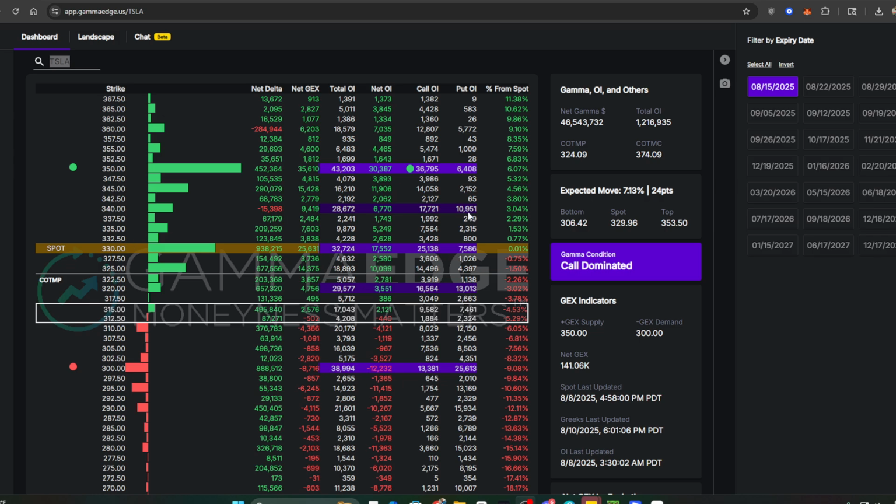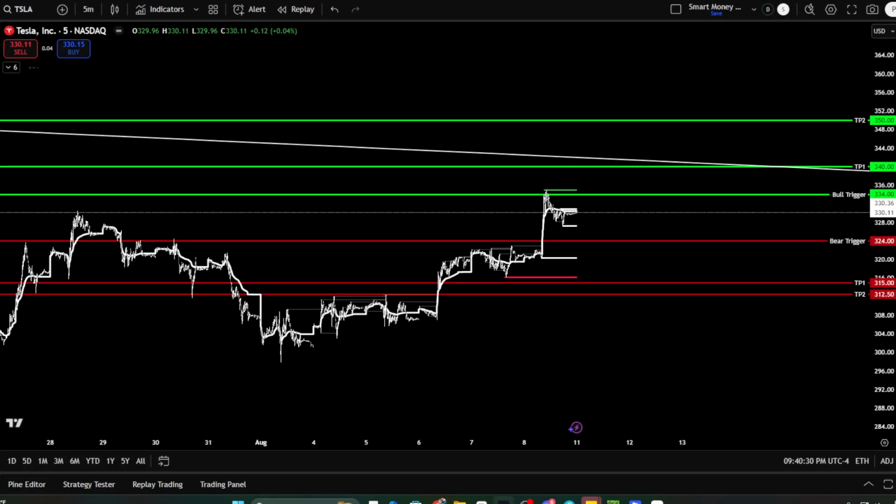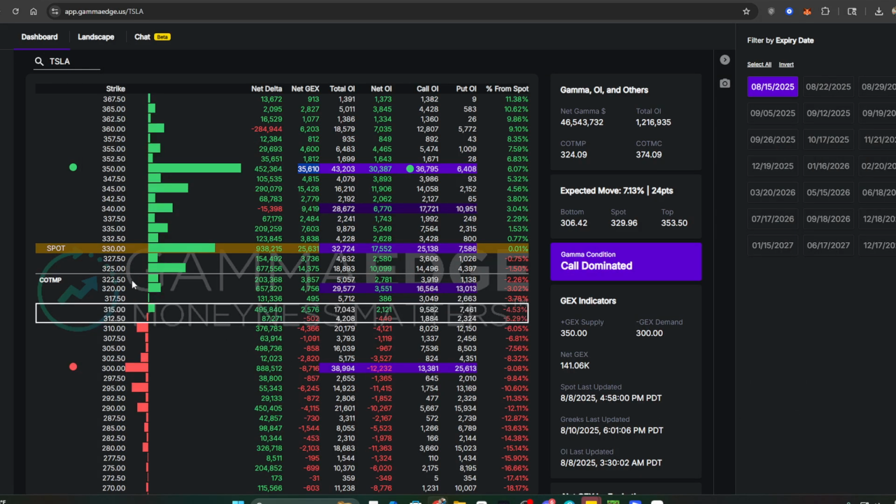So what we are looking at here on Tesla, ultimately our second take profit is right there at 350. We have a large accumulated positive delta, and a large gamma, our highest positive gamma level there. And then falling down, breaking down below that, 324 is our bear trigger, as you can see right here. That's giving up this gamma level, right where the cumulative out-of-the-money puts are.